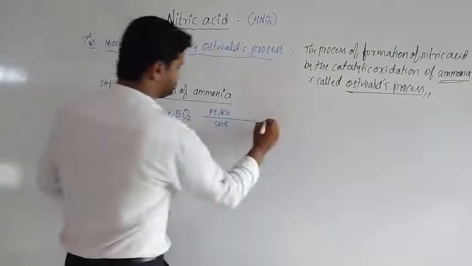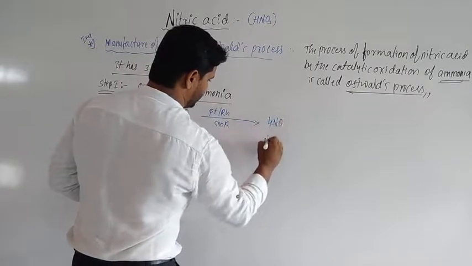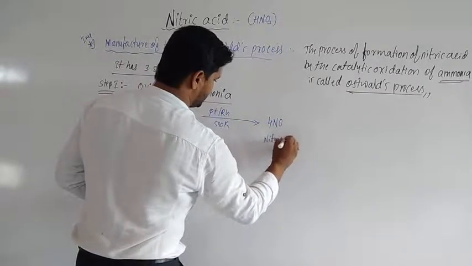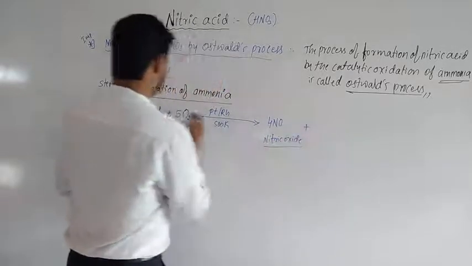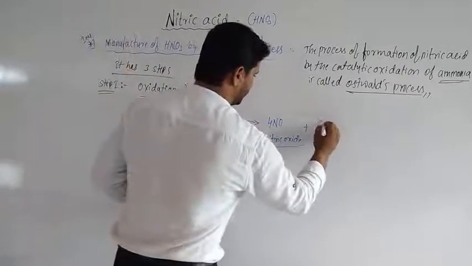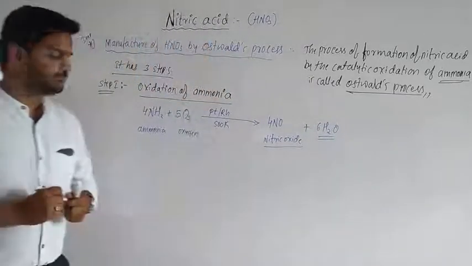It gives 4NO, that is nitric oxide, plus the remaining 6H2O, the water molecules remaining in the reaction.